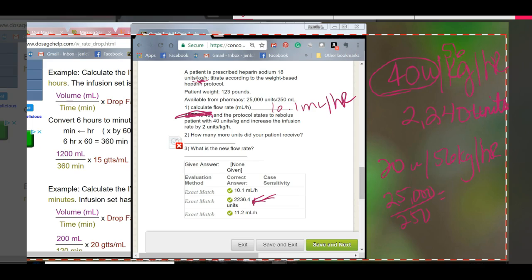It's the same. So that'll get you your 100. Okay, so let's do the 20 times 56. That equals 1,120. You divide it by your 100. You're going to get 11.2 mLs per hour. So that is this answer right here.